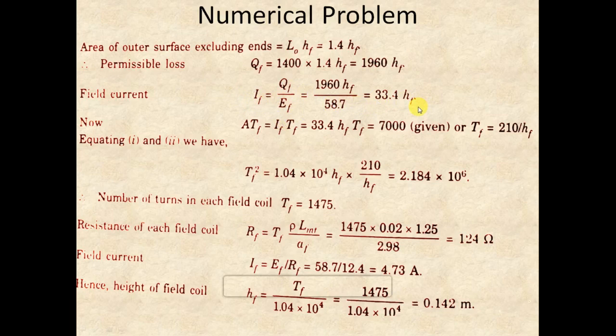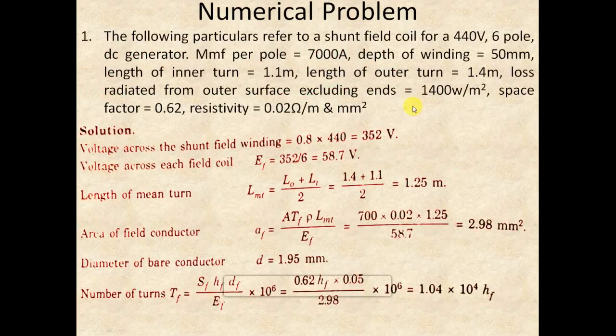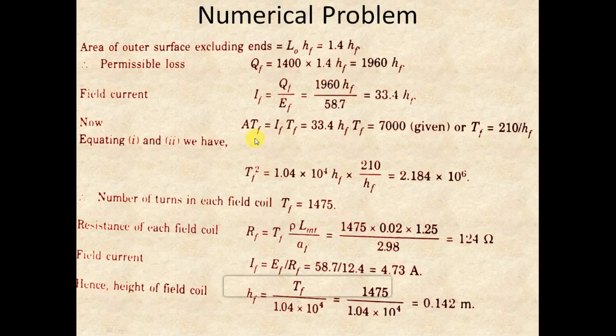In the question, the MMF per pole is clearly given as 7000 ampere. So the MMF relation is actually ampere turns. You can easily find the ampere turns by multiplying IF with TF. So we have already obtained IF in terms of HF. So while multiplying IF into TF, we will be able to get a relation in HF and TF, and its value is given in the problem as 7000.